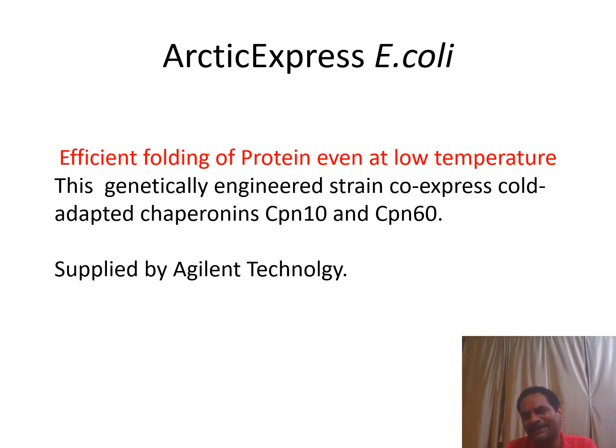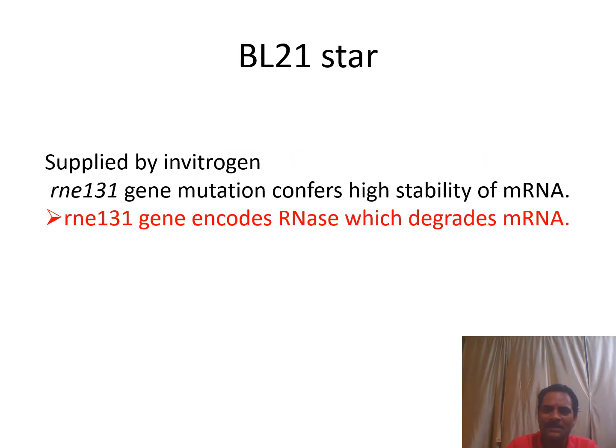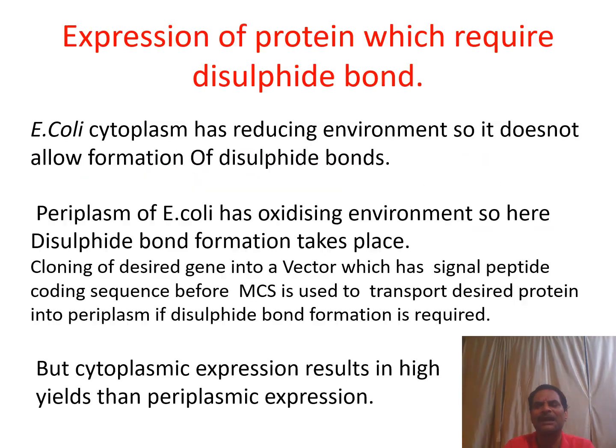So that genetically engineered strain is called the Arctic Express E. coli strain. It means scientists have added a cold adapted chaperone coding gene in that E. coli strain, so that when you grow this E. coli strain at low temperature, this chaperone will take care of folding of your protein, so that the protein will not be insoluble in the inclusion body. BL21 star strain, there are multiple strains.